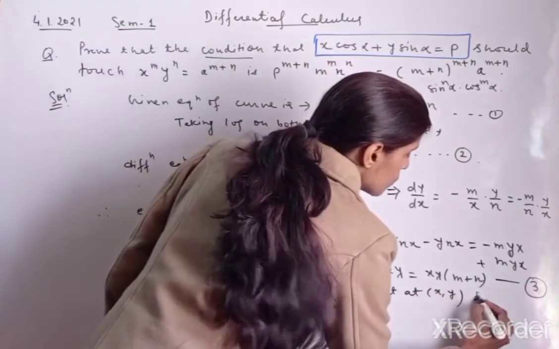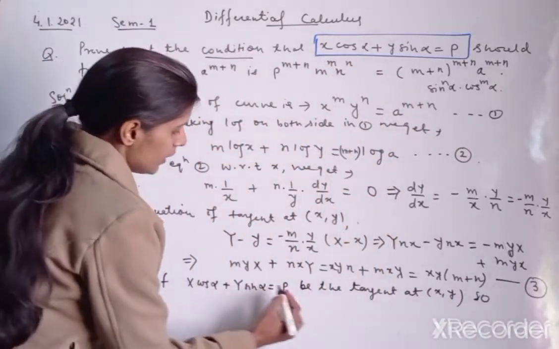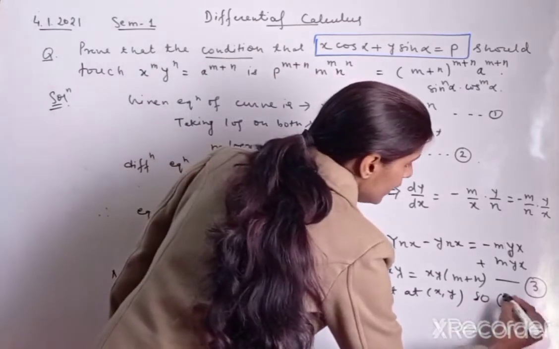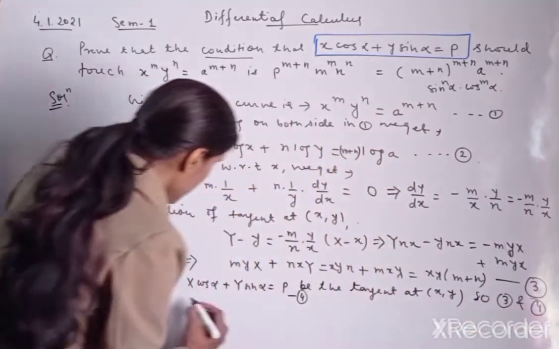So here let's put this equation as equation number 4. So 3 and 4 must be identical.